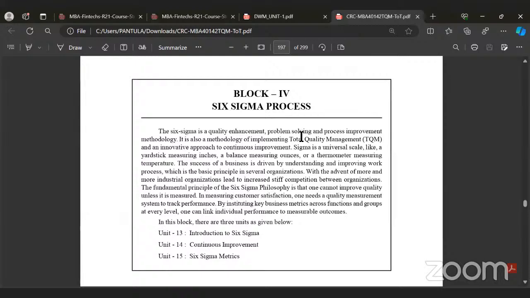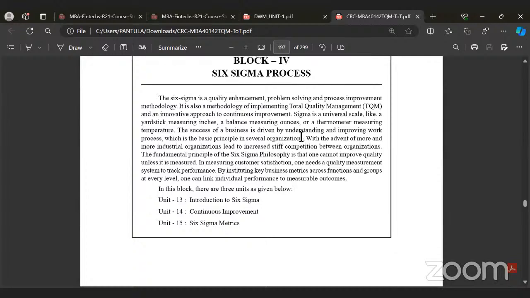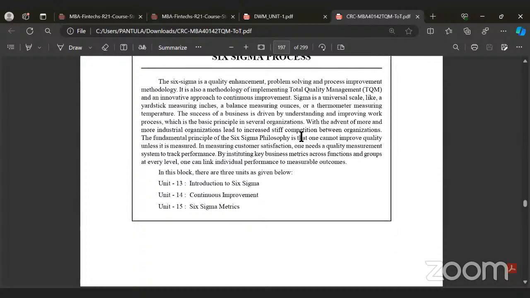If we implement it, we get almost zero defects and there is quality in that. So Six Sigma is a quality enhancement, problem solving process, an improvement methodology, implementing total quality management, an innovative approach to continuous improvement. Six Sigma is a universal scale, like a stick measuring inches or a balance measuring weights.